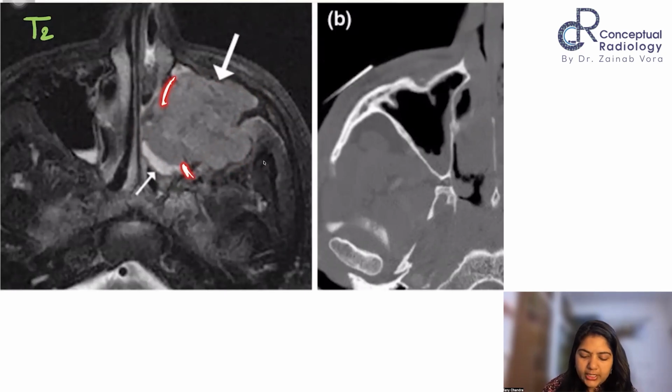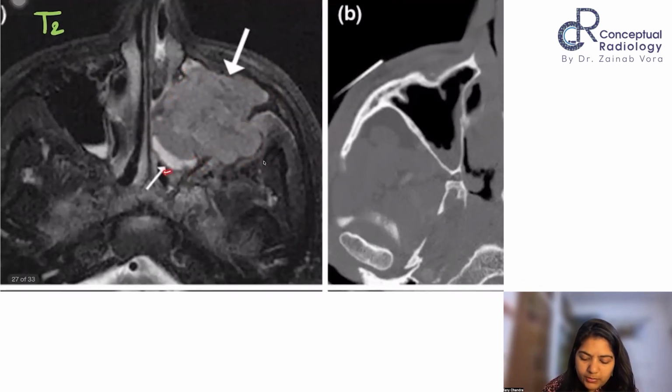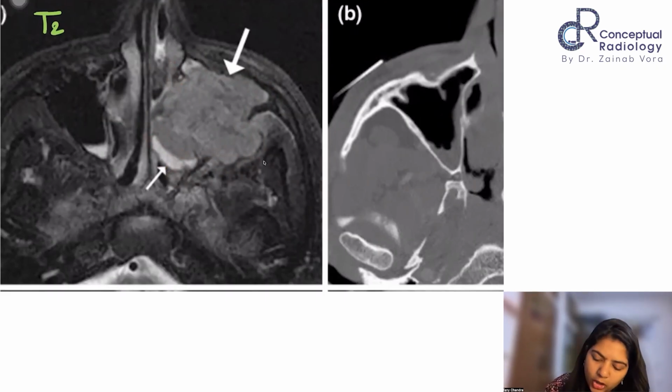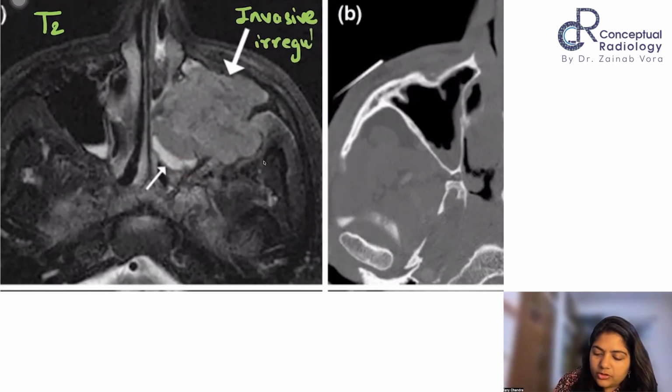The wall is not visible at all here. The sinus wall should have been here, here, here, right? Can't see it. Also, you cannot appreciate the boundary of the sinus here. This mass is clearly outside it. So there is an invasive component here. And it is irregular in shape, right?